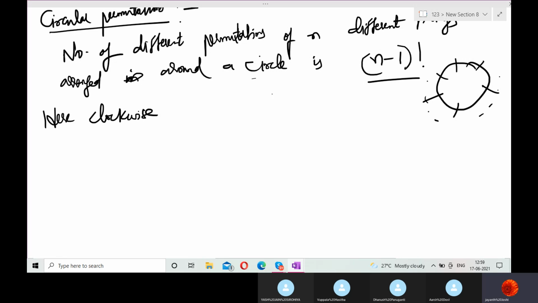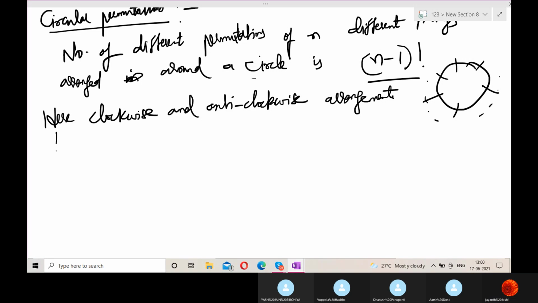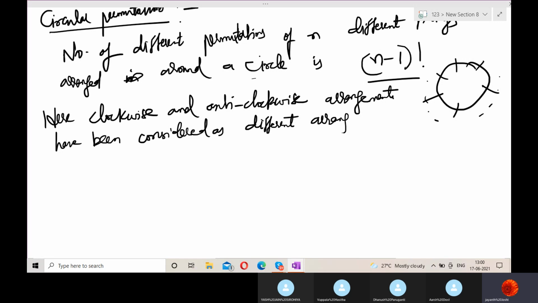So here clockwise and anti-clockwise arrangements, that means you can arrange in any way, are considered as different arrangements.